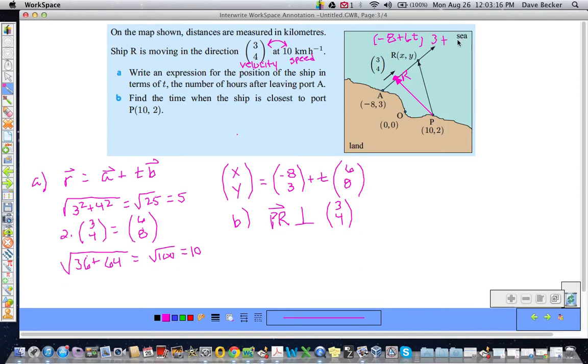So that means that vector PR is equal to, let's see, this is our -8 plus 6t minus 10. So that becomes negative 18 plus 6t.